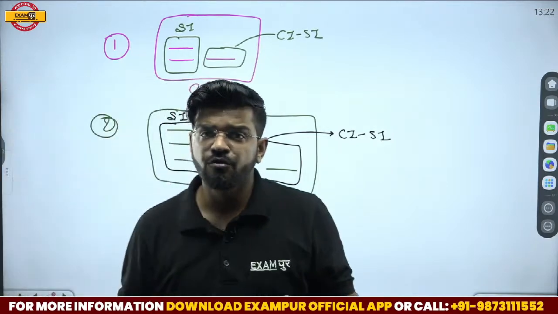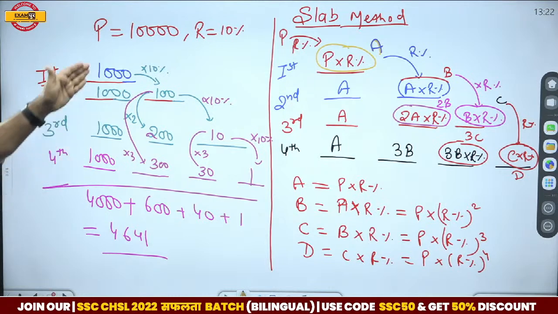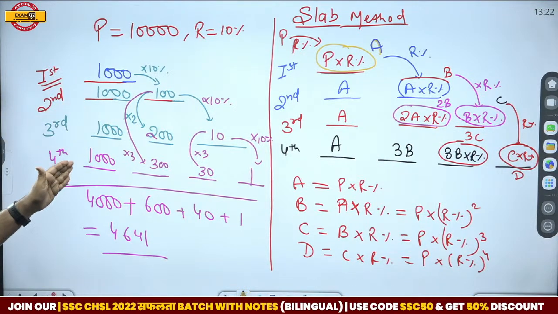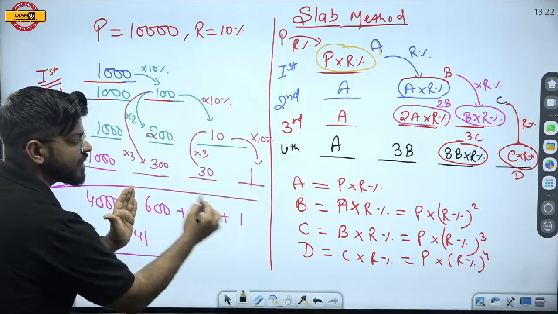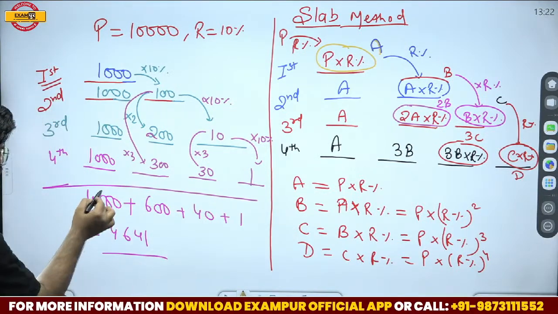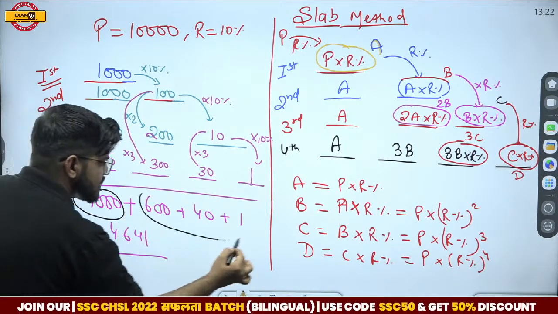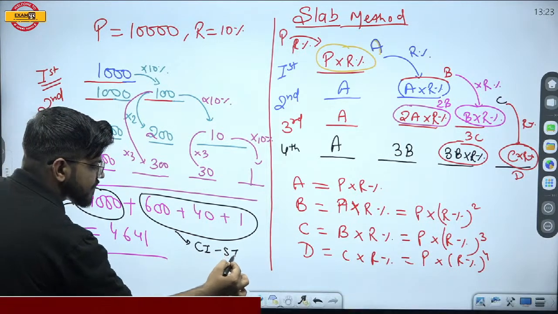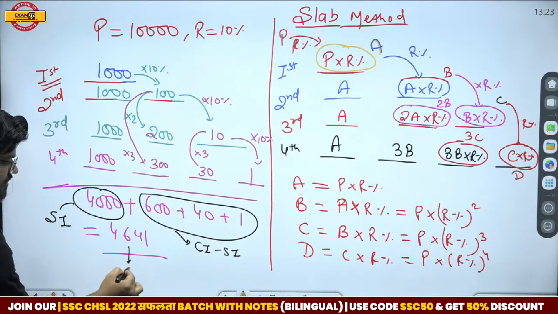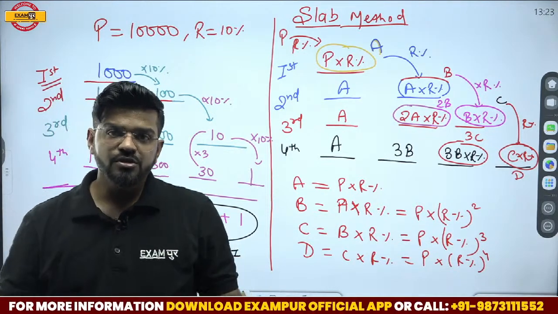Similarly for the 4th case that we have discussed earlier, this whole part will give me CI, and the remaining section will give me CI minus SI. This part is SI for 4 years, this is CI minus SI, and this is CI, the summation of all. So I hope you have understood the slab method.